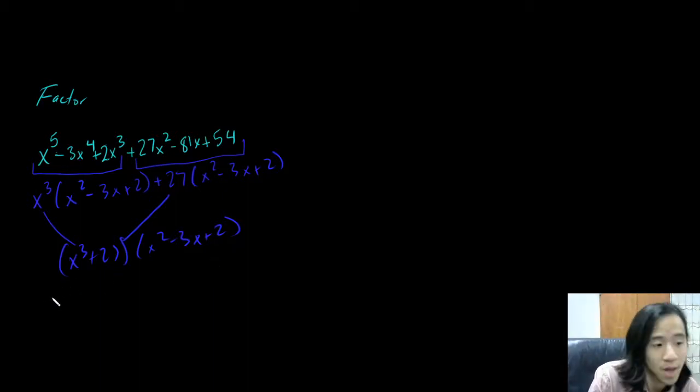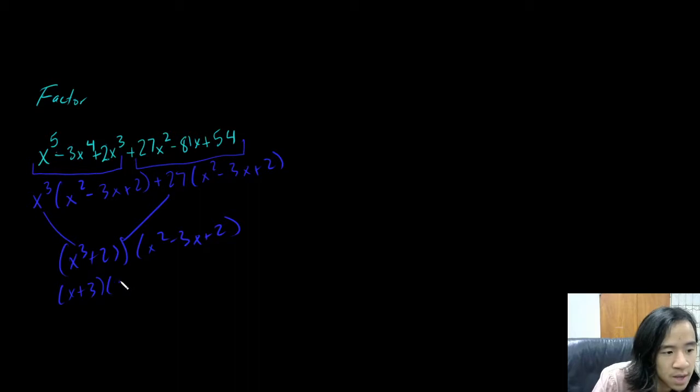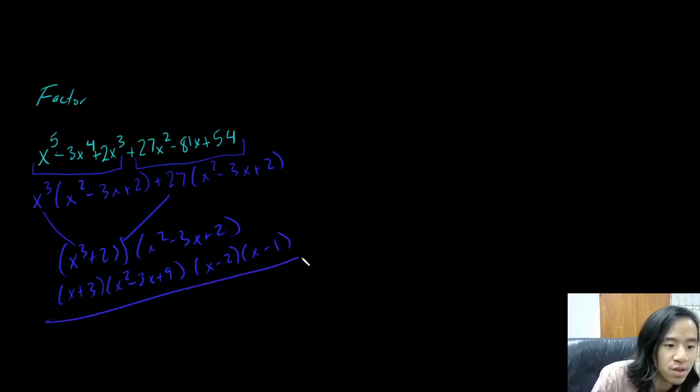So I'm going to go ahead and do that. 27 is 3 cubed, so I'm going to have x plus 3, and then times x squared, the opposite sign is going to be minus 3x plus 9. So 9 is b squared. And then times, I can factor this: this is going to be x minus 2 times x minus 1. So this is our factored form.